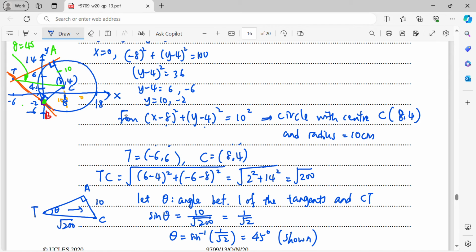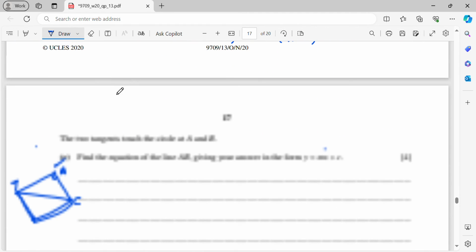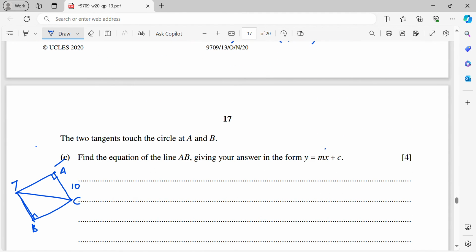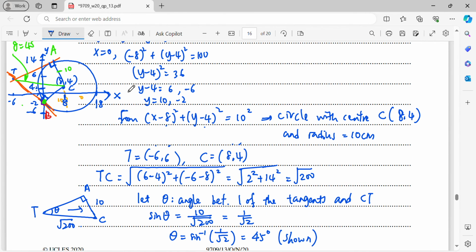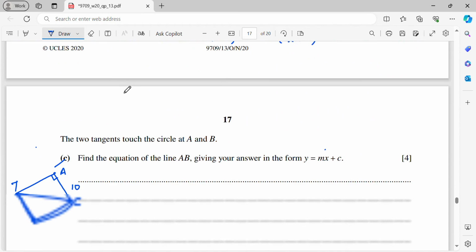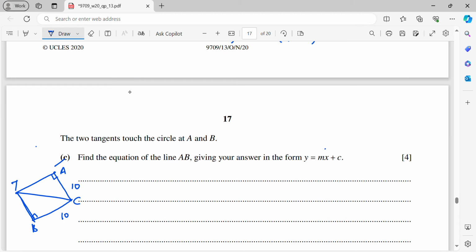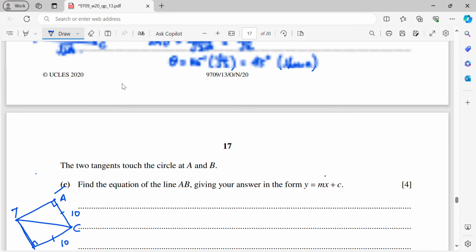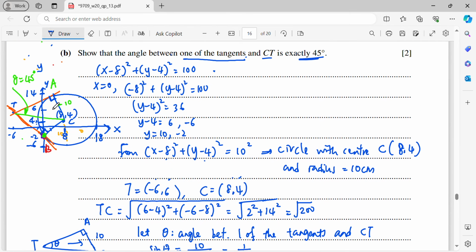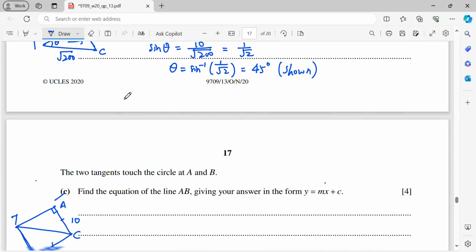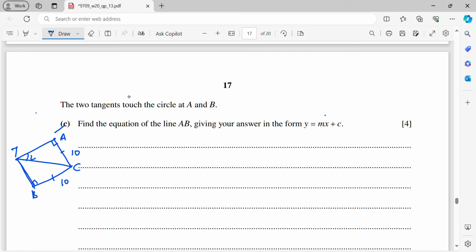Then now I know that AC is 10, then my BC is also 10 because this is a radius. And then my AT is a tangent. And the angle at T here is 45 degrees.